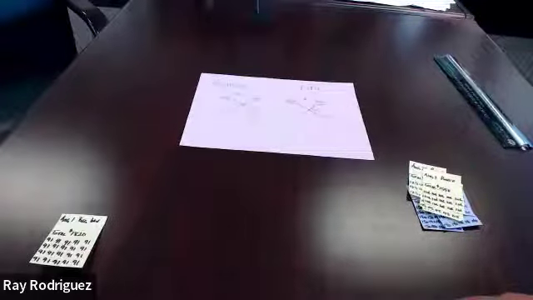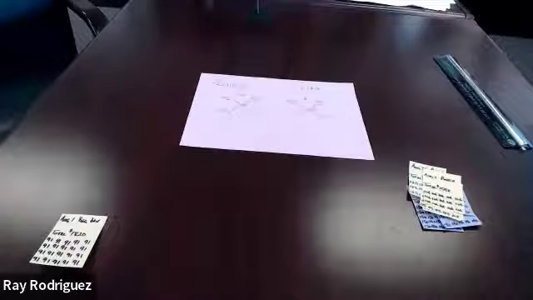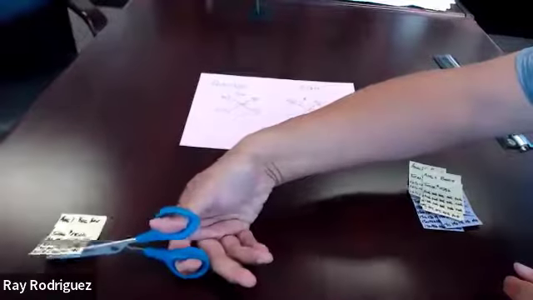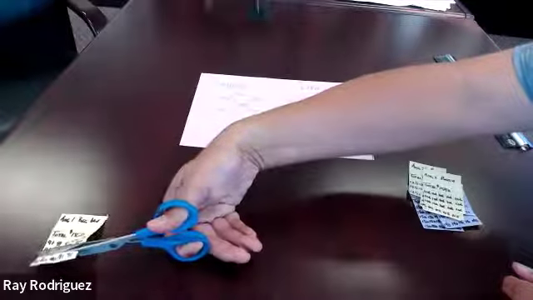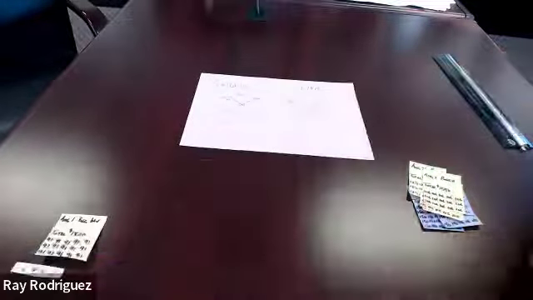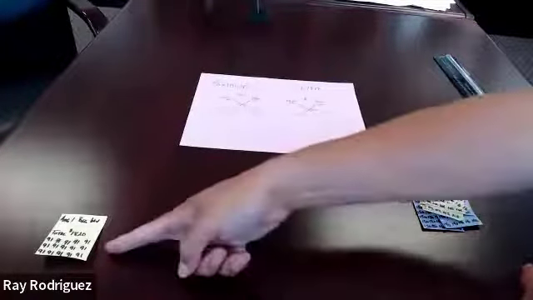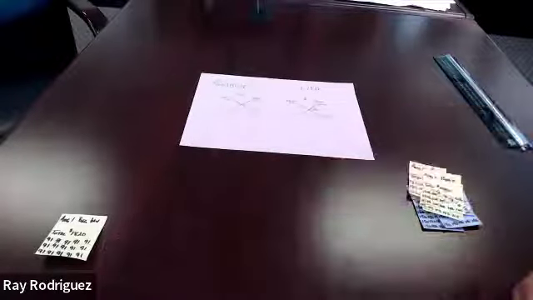So we need 5 more. We need 5 of these. There's our 60 units. And there's our 15 remaining units.